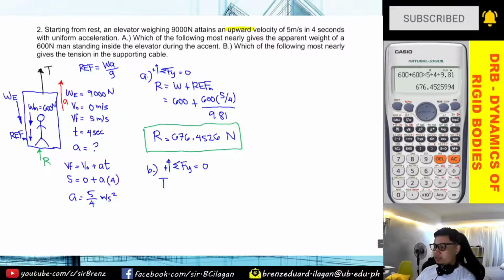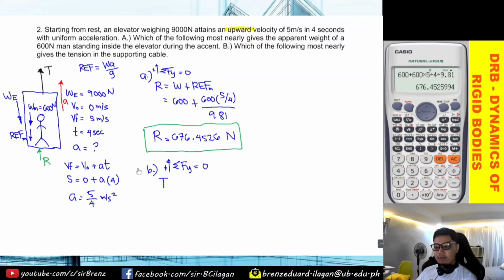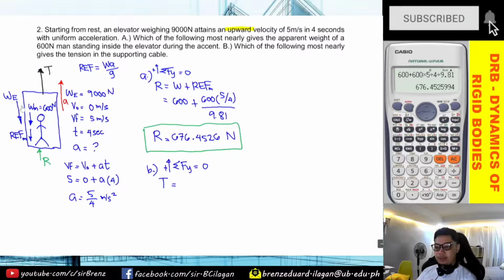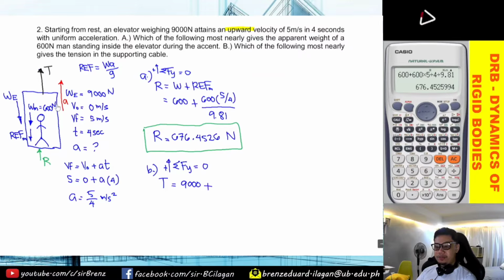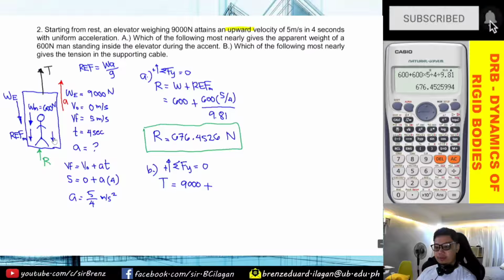So, the tension. Okay, what other upward forces are there? I think everything is downward. So, first, we have here the weight of the elevator, 9,000 Newton, plus the REF of the elevator, which is also downward. They overlapped.